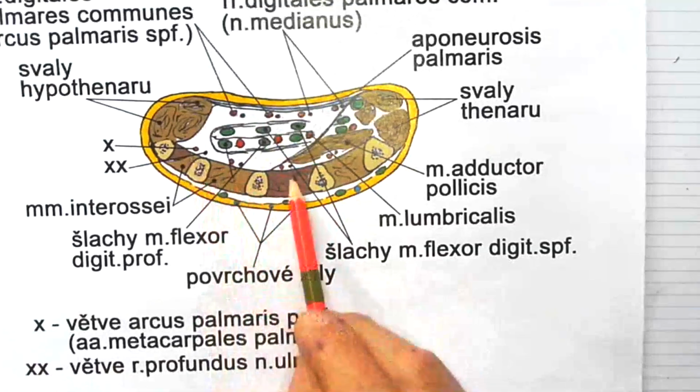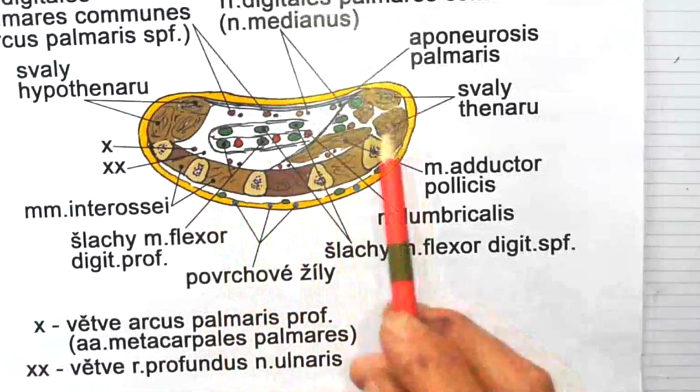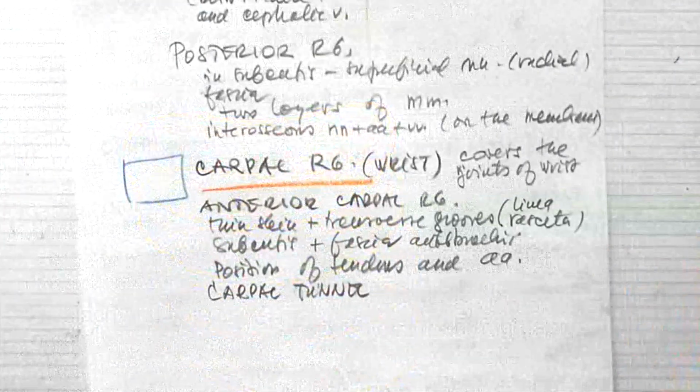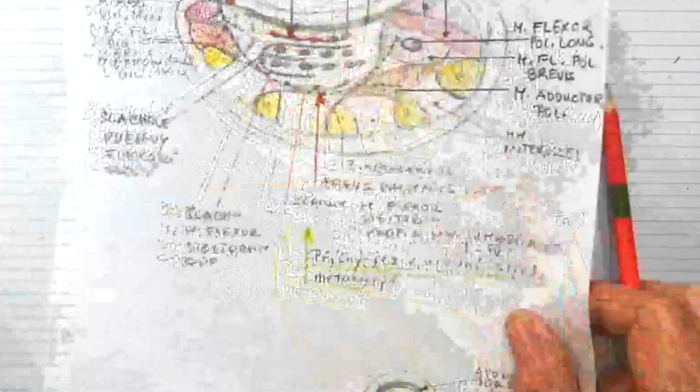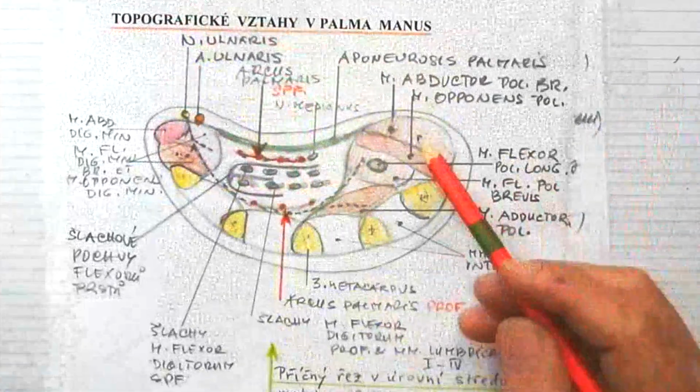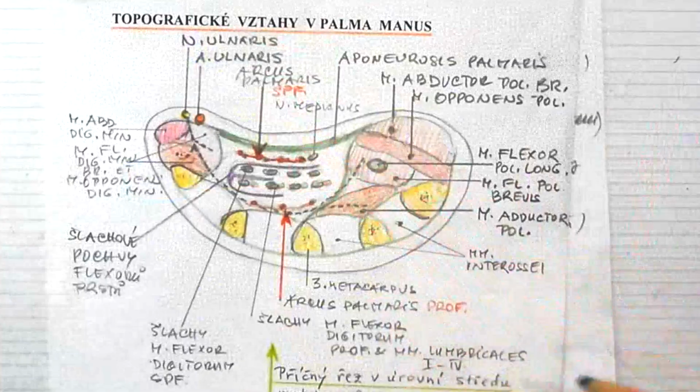And also we see the interosseous space. So this is the mid-palmar space, thenar, hypothenar, and interosseous space. Maybe that more illustrative would be that diagram. I'm sure that I've also sent it to you in winter term.